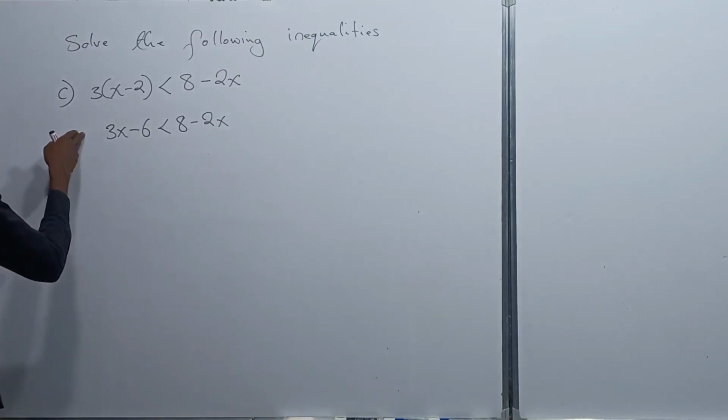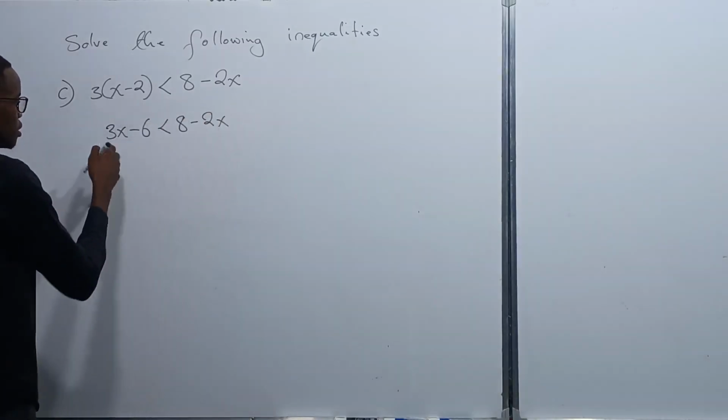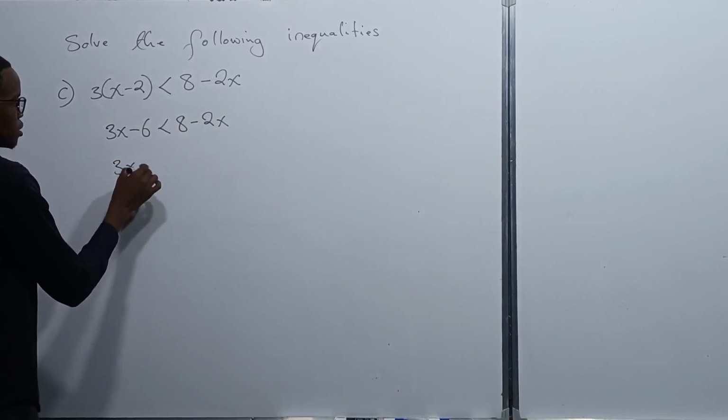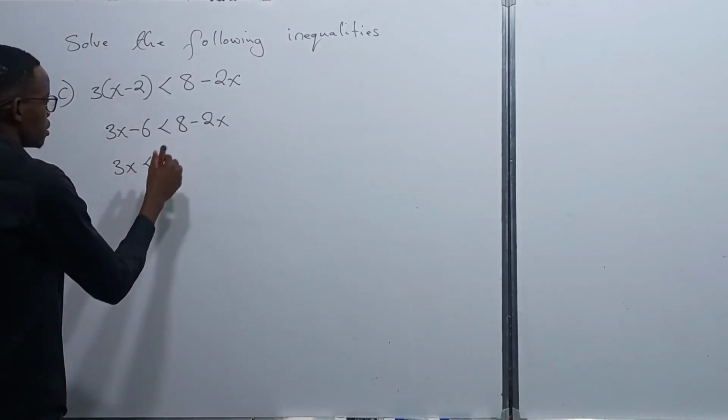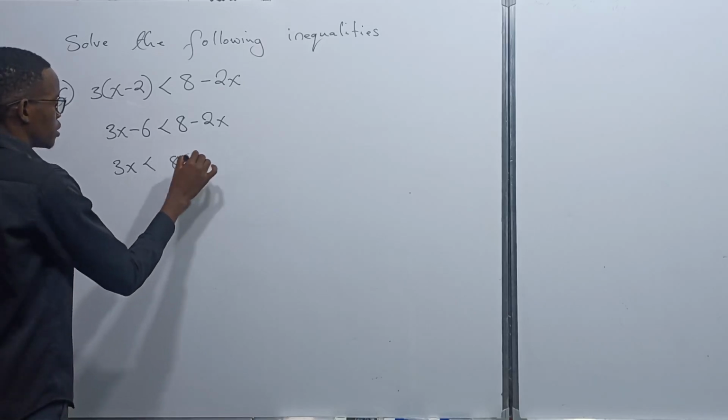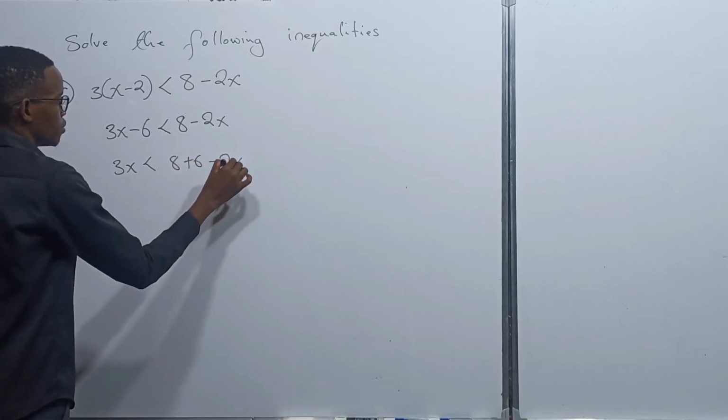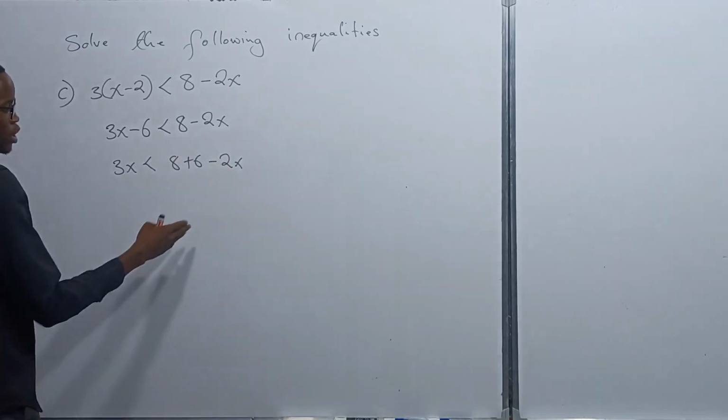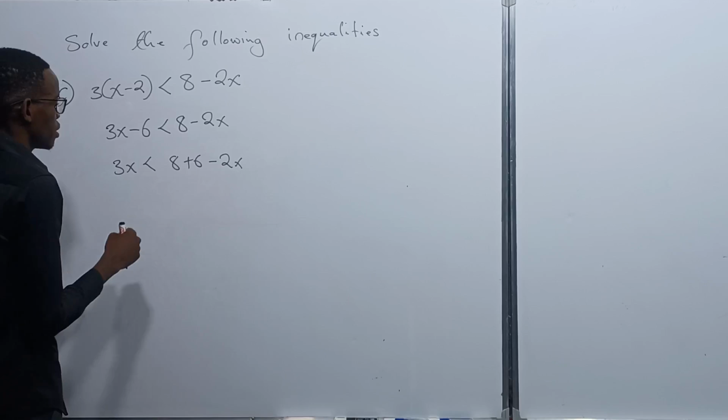If we add 6 this side and we add 6 this side, then we remain with 3x is less than 8 plus 6 minus 2x. Now we add plus 2x this side and plus 2x this side.